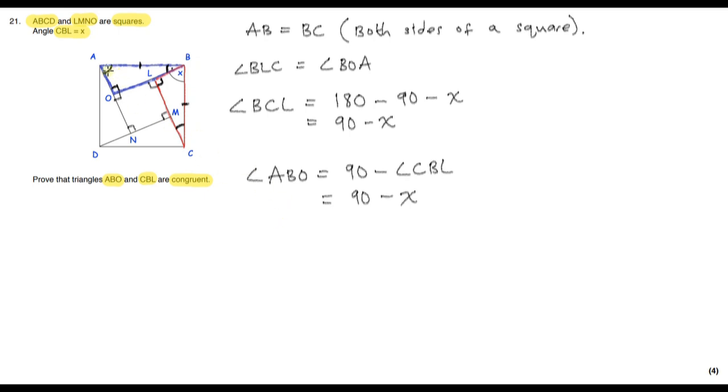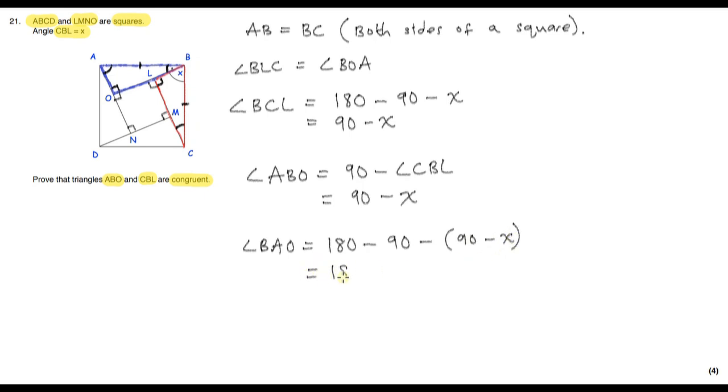So the last angle, angle BAO, is going to be 180 degrees minus 90 minus this angle, which we've just calculated. So that ABO, that was 90 minus x. So I'm just going to put it in brackets, 90 minus x.